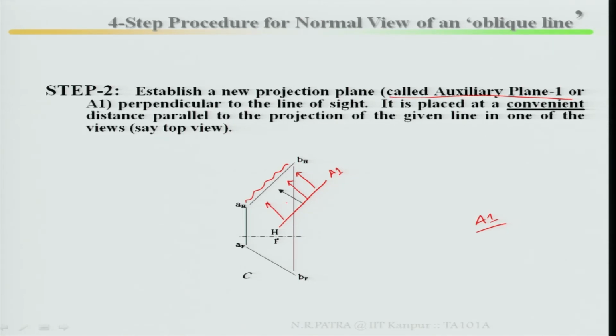If I draw the A1 plane perpendicular to the line of sight, I can place it here, here, or here, in one of the views. Similarly, in the front view, if I take the line of sight this way, I can place the auxiliary plane here or here. Remember, this is perpendicular, this is perpendicular.